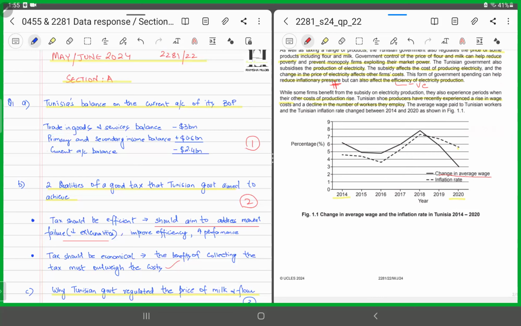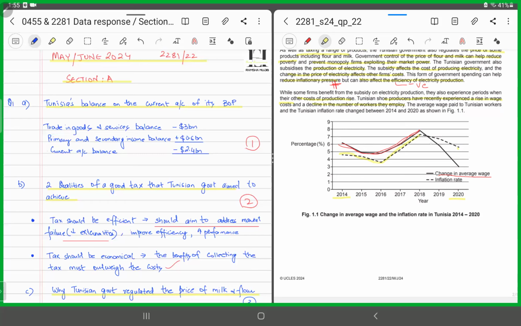So it's the change, it's not the wage rate, it's the change in average wage rate. So now if you look closely at the diagram between 2014 till 2018, the change in the average wage rate has been more as compared to the inflation rate. So this means the change in average wage rate was higher than the inflation rate. So this means the real wages were rising up to 2018.